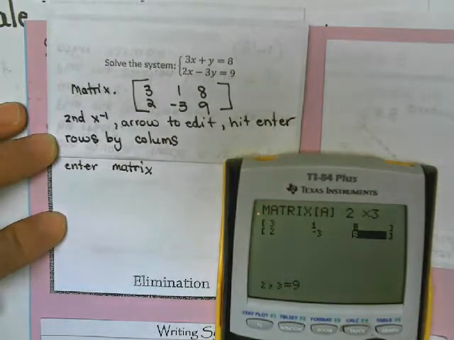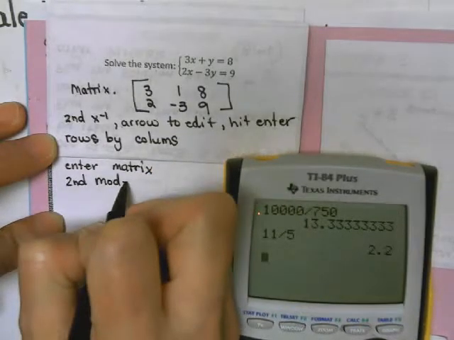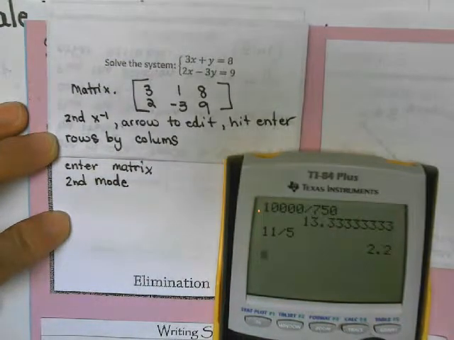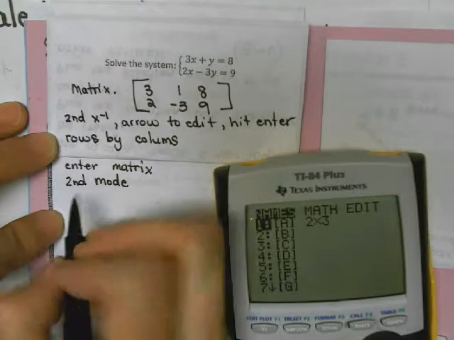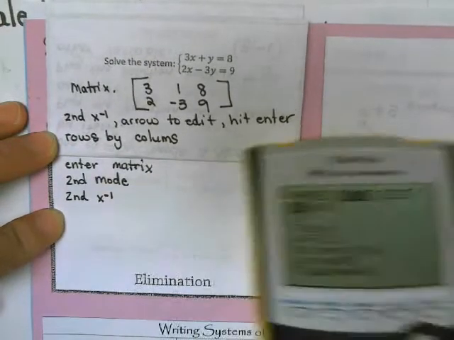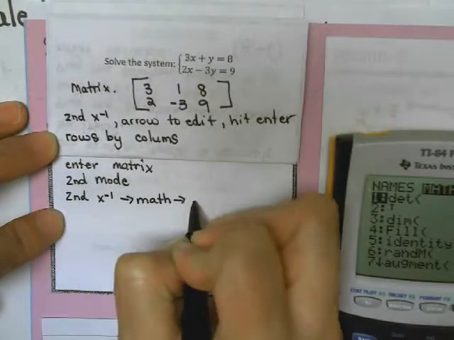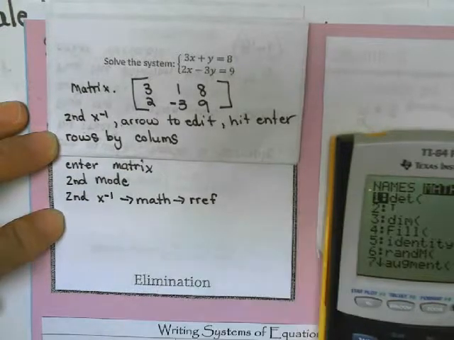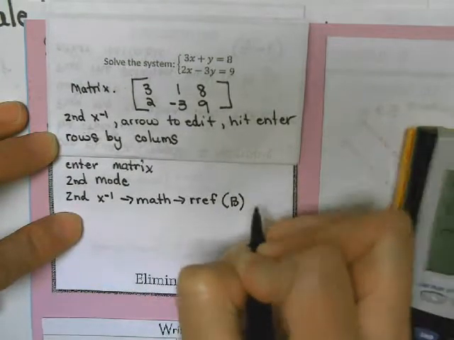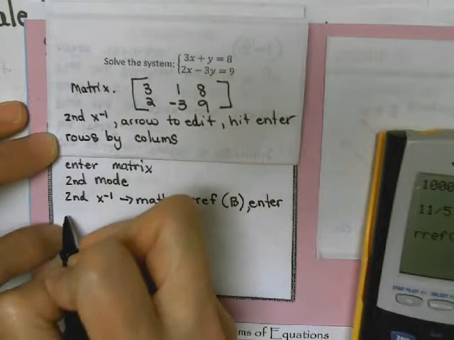All right. Now, second mode takes you back to the home screen. From there, I'm going to go to second x to the negative 1. Go to math and find RREF. It's letter B. And hit enter.